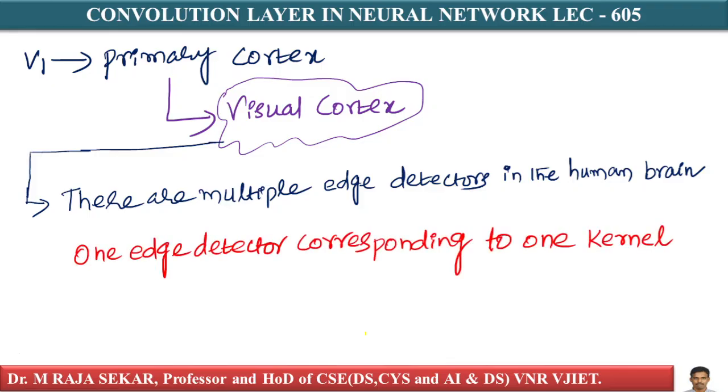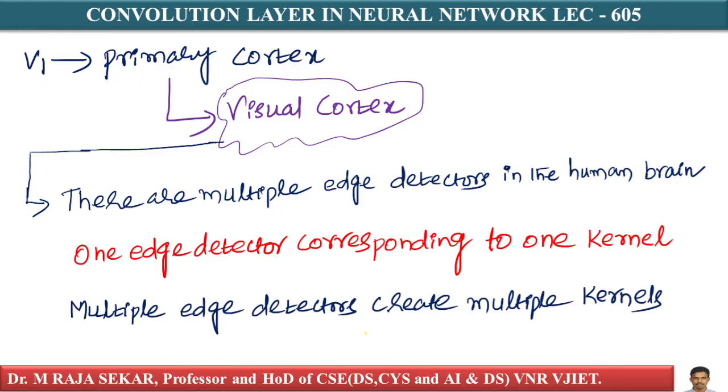Which means if you want multiple edge detectors, create multiple kernels, isn't it? You need multiple kernels or multiple filters. Some people call them filters. Let's call them kernels for simplicity.